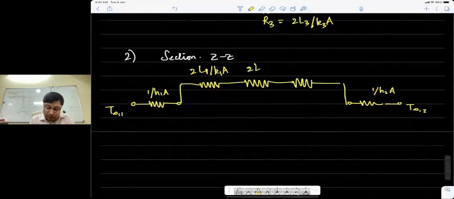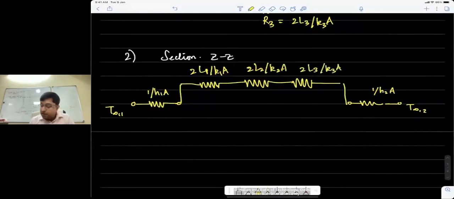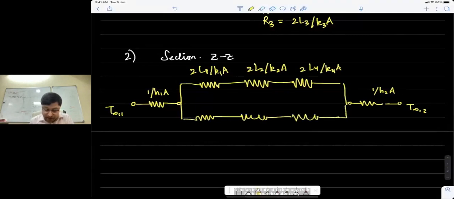The second would be corresponding to slab 2, and the third would be corresponding to slab 3. Oh, sorry, L4, not L3. This is L4 because it's going through 4. And in the bottom, we'll have another parallel circuit which will be passing through slab 3.